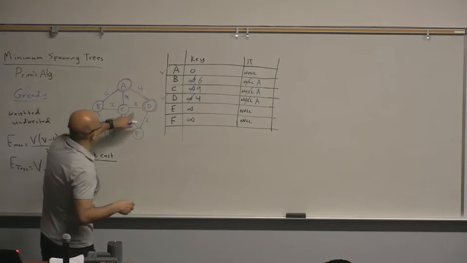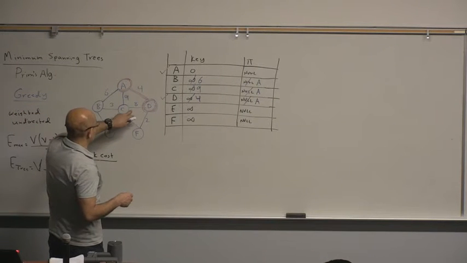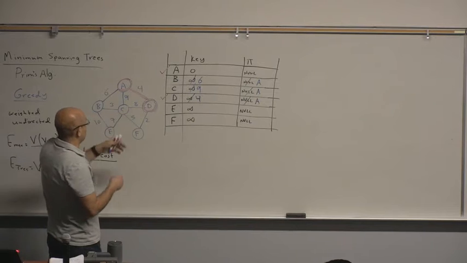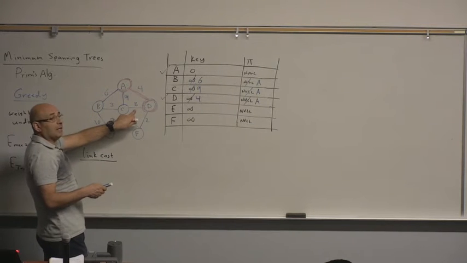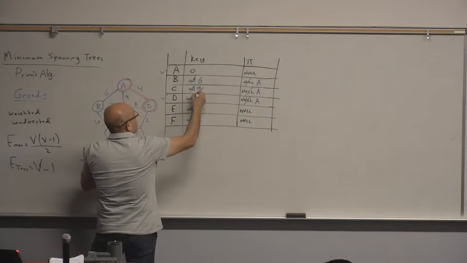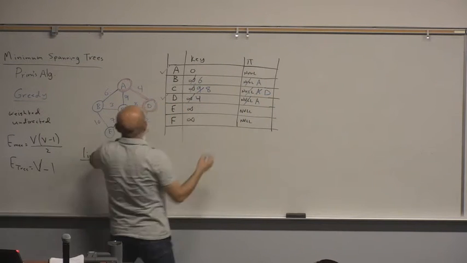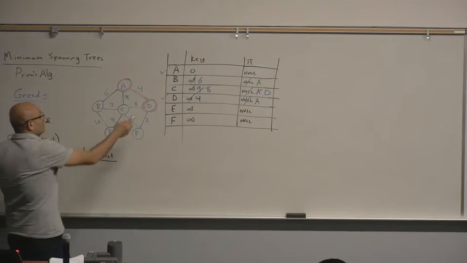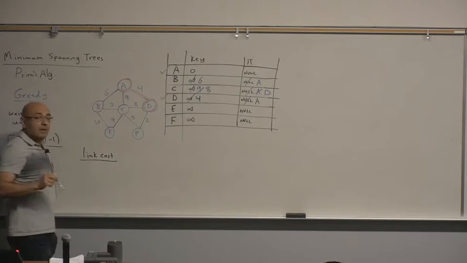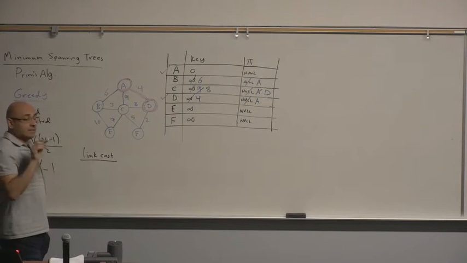Okay, so now I look at the neighbors of D. C, now I can connect C with a cost of 8. So I have just discovered a better way of connecting C. So this is going to be 8, and it's going to be through D. Now I will look at A, but I will realize that A is already in.